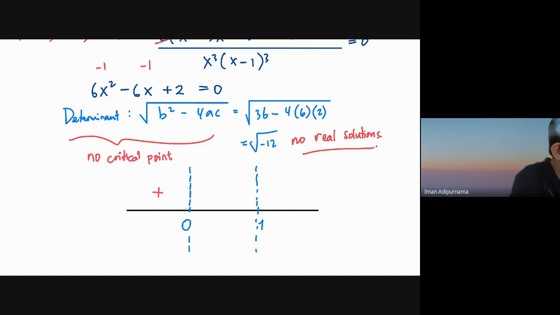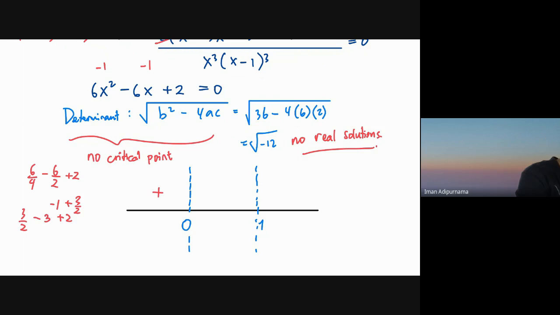If you check in between 0 and 1, checking with maybe 1 over 2, so 6 over 4 minus 6 over 2 plus 2. 6 over 4 will be 3 over 2, minus 3 plus 2. So it will be negative 1 plus 3 over 2, which should be positive.